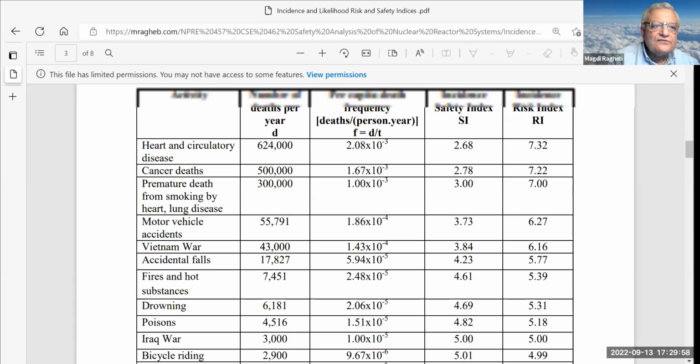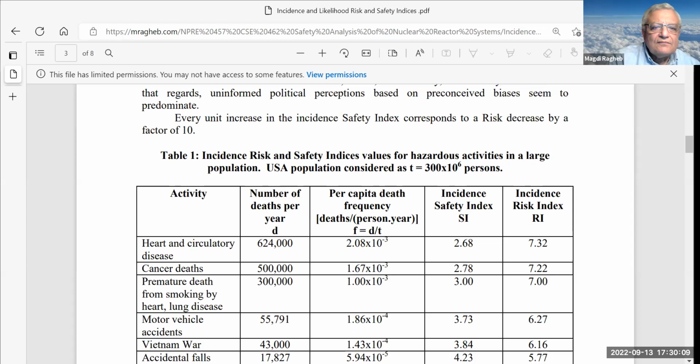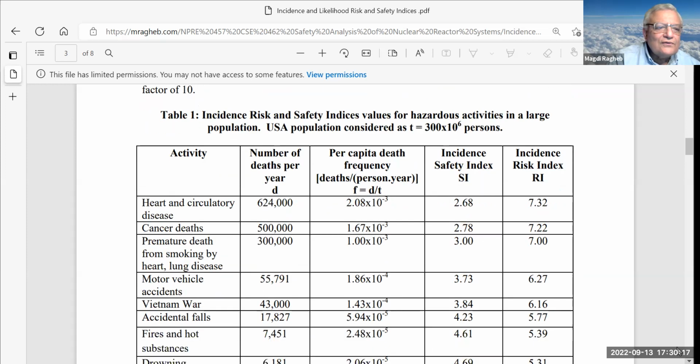We know the statistics for these numbers. Heart and circulatory disease kills on average 600, well, actually, these are the data for maybe an earlier year, so it's not for 2020 or 2021, but a typical number is for heart and circulatory disease causes the deaths of 624,000 people per year.